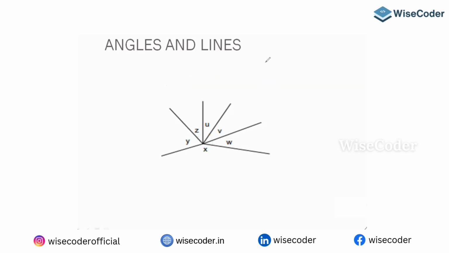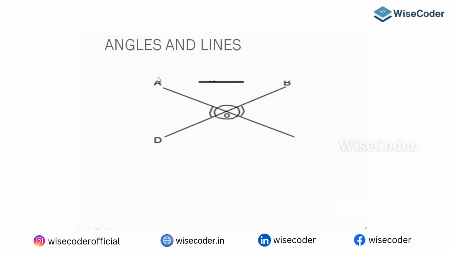Now let's understand two important things. Two angles whose sum is 90 degrees, those angles we call complementary angles. The terminology is very, very important.